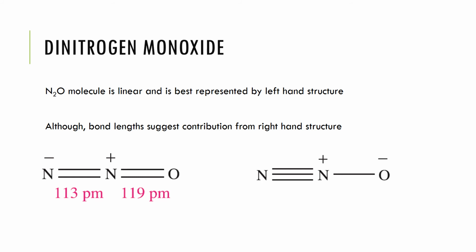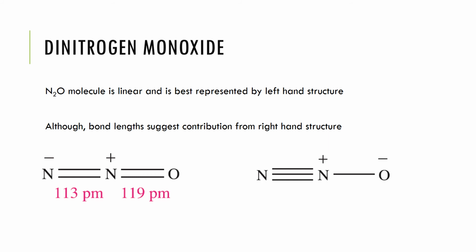We spoke last year about VSEPR theory and resonance. The molecule itself is linear and is best represented by the left-hand structure.